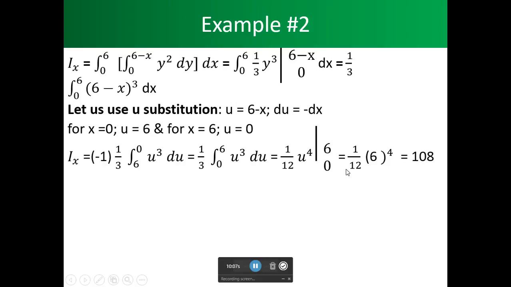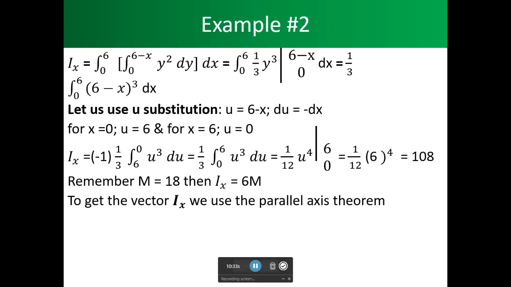Okay, next, the 1/12 carries over, and now we're taking 6 to the what? 4th power, which is 108. Now remember, we found out that m was equal to 18, then I of x at m equals what? We divide by 6, and you get 6m.